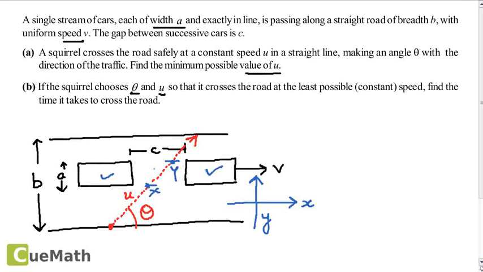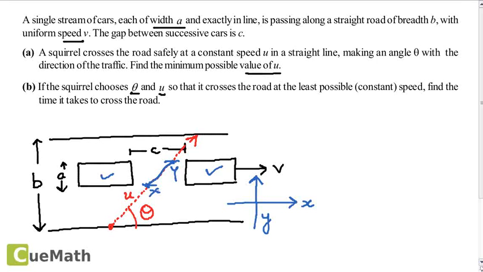So this segment xy is the risky part because any point on this segment lies directly in the path of the stream of cars. So first of all, we make the observation that xy is the risky part of the squirrel's path.